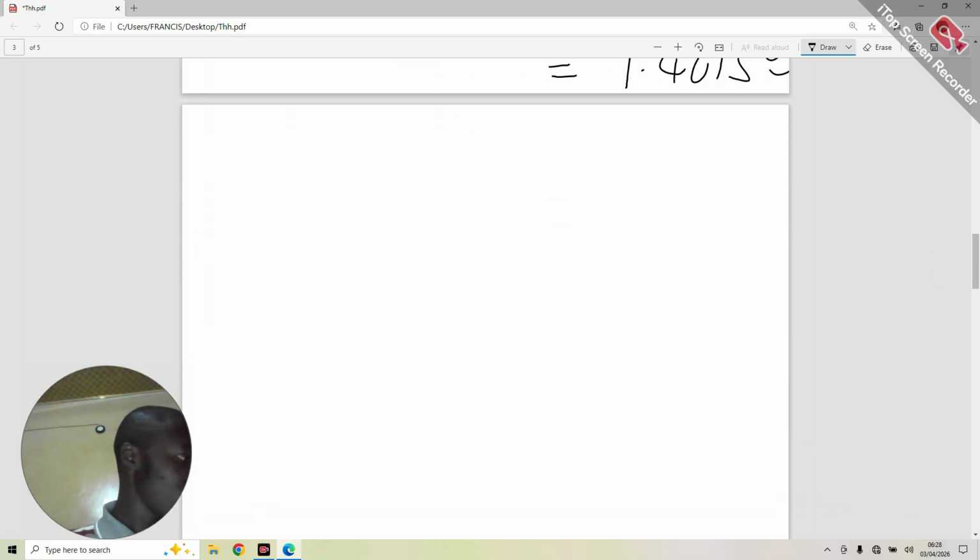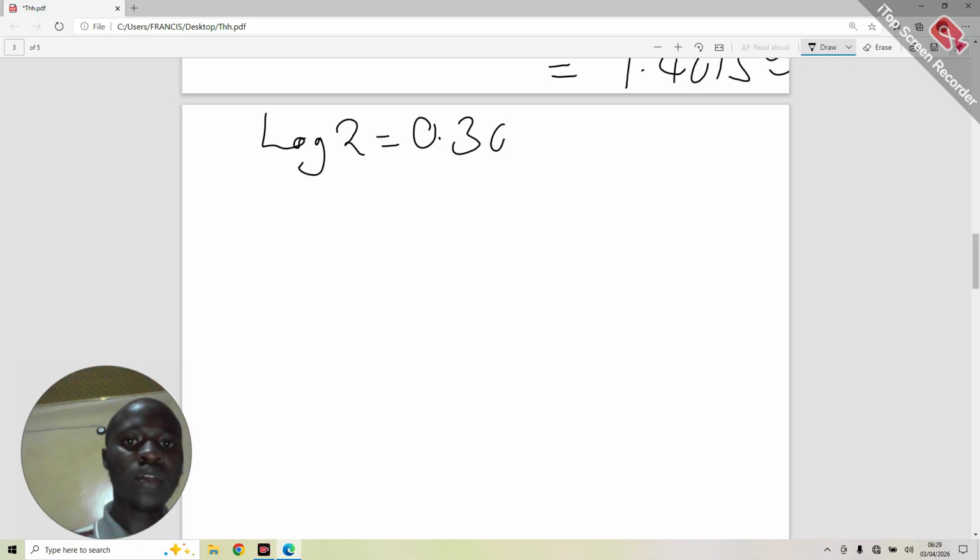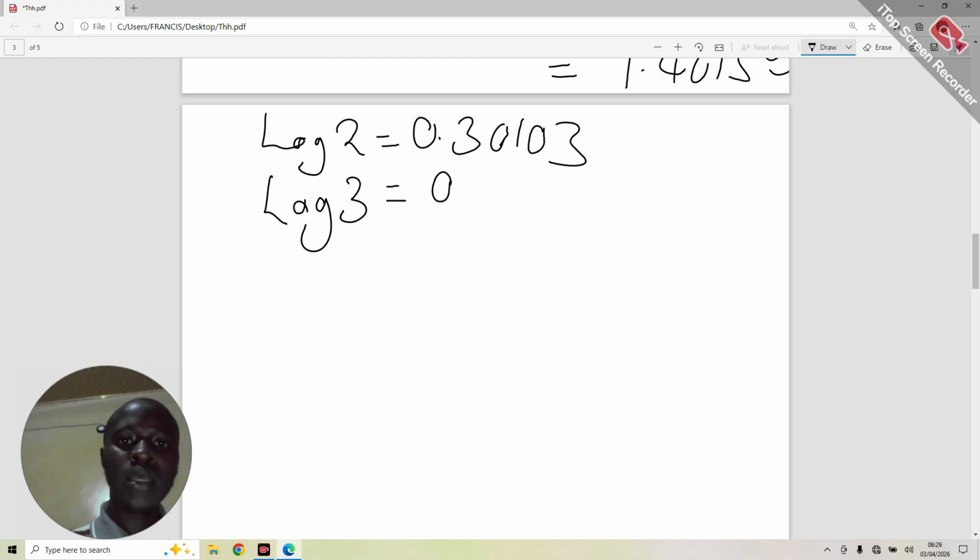So the next question is, have a pen to write somewhere. Given that log 2 is equal to 0.30103 and log 3 is equal to 0.4771, 2.